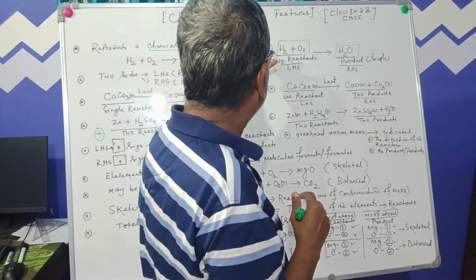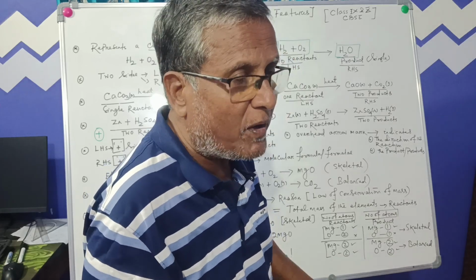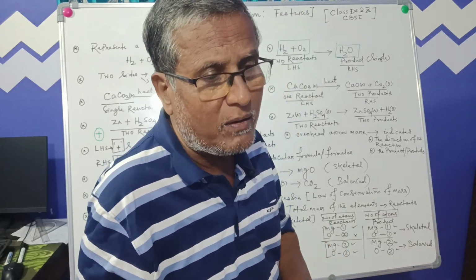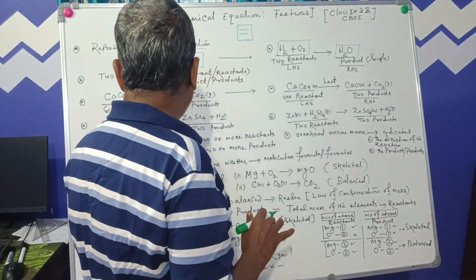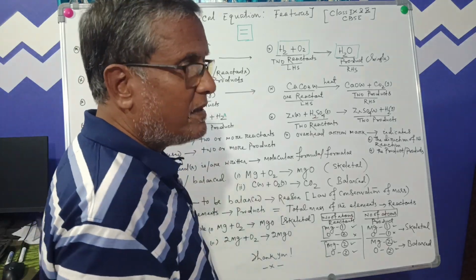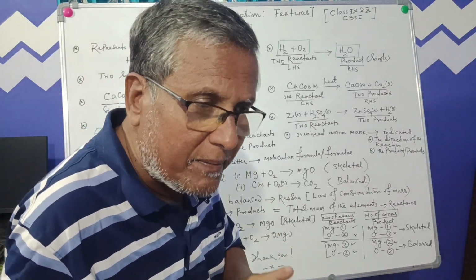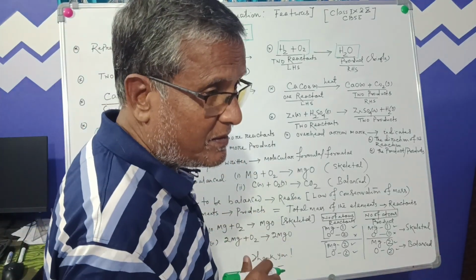But here, instead of the equality sign, this is an exception you have to remember, and this was asked in your previous CBSE question paper. An arrow mark is given in a chemical reaction or chemical equation.